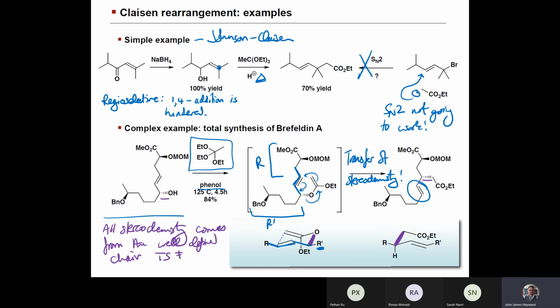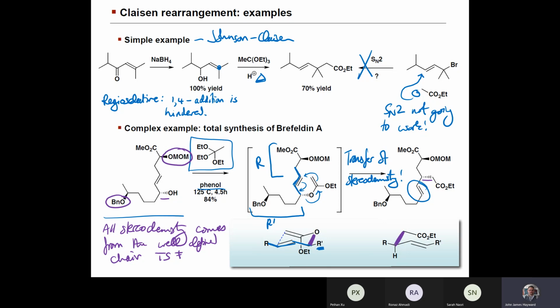I will just mention as well that technically there are 3 alcohol moieties within our starting material, but both of them here have been protected. We've only got 1 free alcohol that can react. Okay.